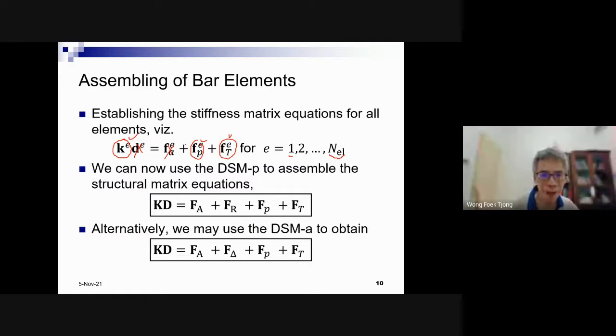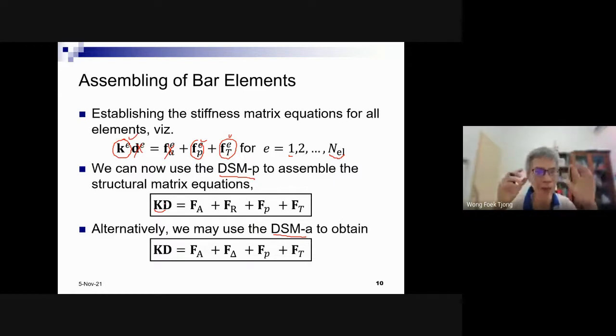Next, after we compute this one, we can use either DSMP or DSMA, up to you. Okay, it's free to choose. To obtain the stiffness equations, of course, we know that in the DSMP, the stiffness matrix here is complete. A big matrix, right?